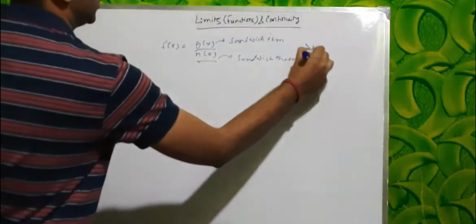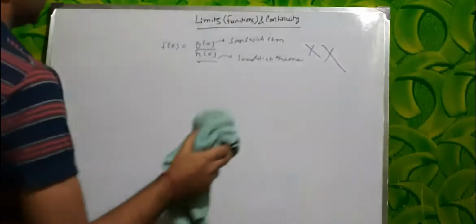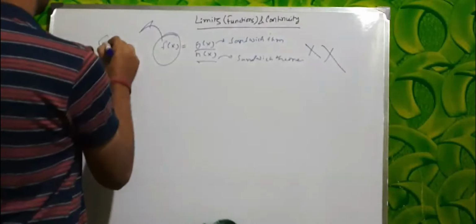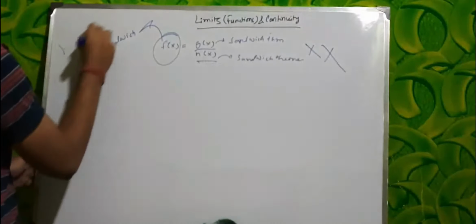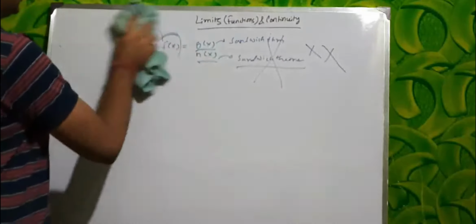That won't work. That is totally wrong. Sometimes you may get the right answer, but that isn't the way. If you have to apply sandwich, you have to apply on the whole of it. That is, you have to apply sandwich on f of x itself. That is right, but this thing is totally wrong. So remember it.